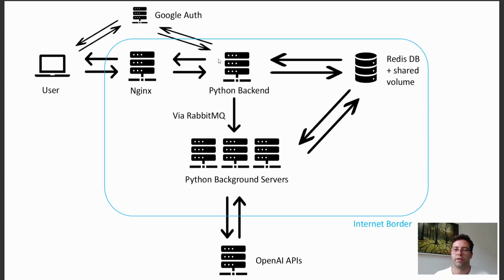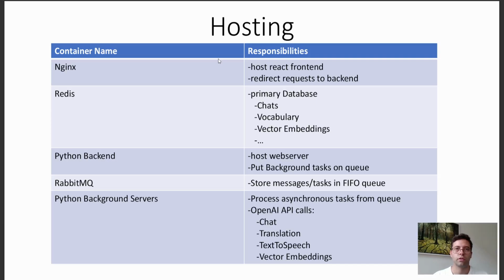And let's look at a table of, again, just which components I'm hosting. So here on the left you see different kinds of Docker containers that I'm hosting. There's an Nginx container, a Redis container, there is a Python backend, there's a RabbitMQ container, and there's multiple background servers.